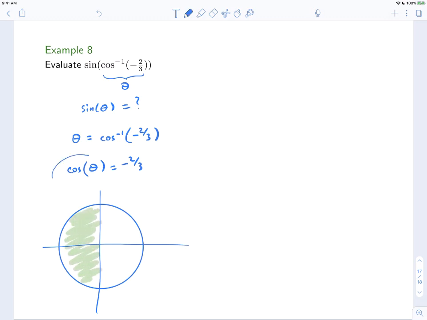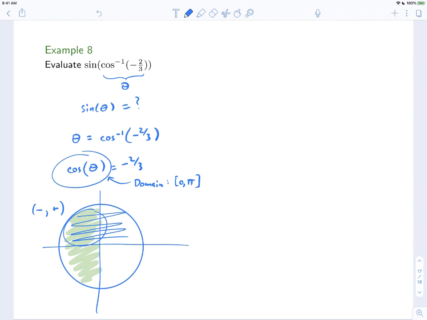However, the domain for cosine, again, just like before, is a restricted domain, 0 to pi. So that's the top half of the circle. So that means we're in the second quadrant, where now x is negative, cosine is negative, but sine is the y-coordinate, that's positive. So on the restricted domain for cosine, sine is always positive.